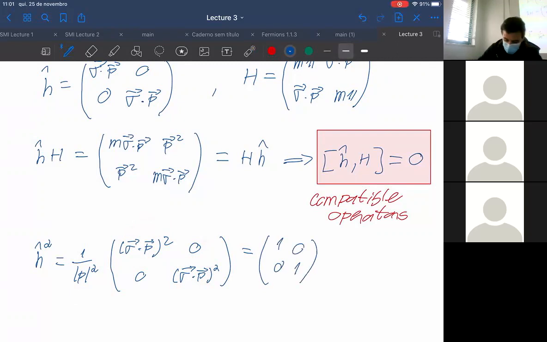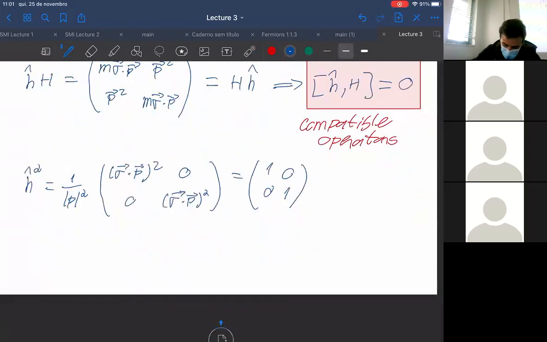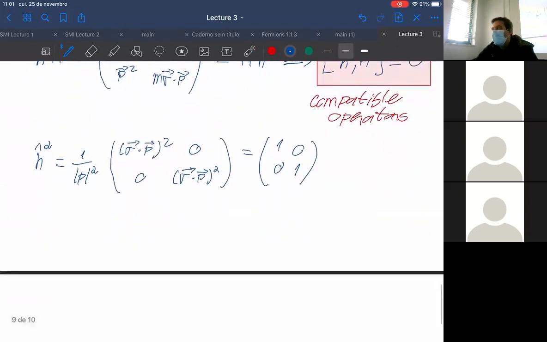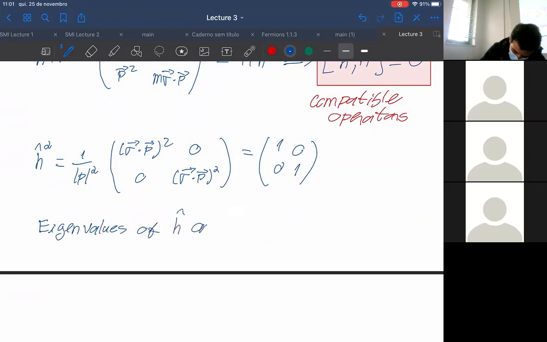But what are the eigenvalues of this? The eigenvalues are plus or minus 1. This is a squared operator, so we can have both eigenvalues. So the eigenvalues of H, which we can call H plus or minus, are equal to plus or minus 1.